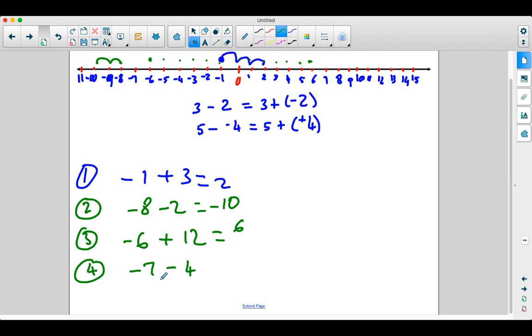Okay. It means that I'm starting at 7 in the negative direction, and I'm going 4. Okay. Going down 1, 2, 3, 4 in the negative direction. So I'll end up at negative 11.